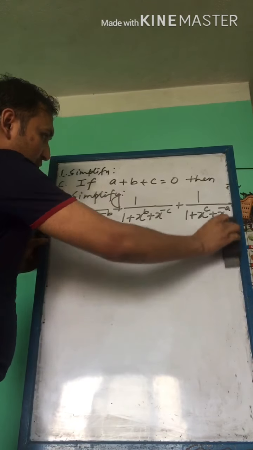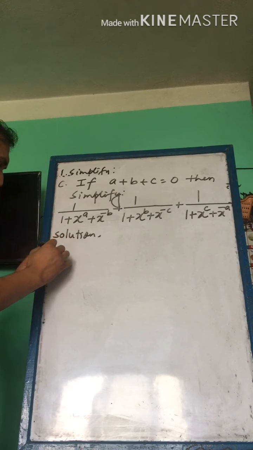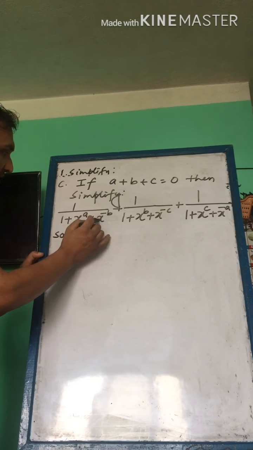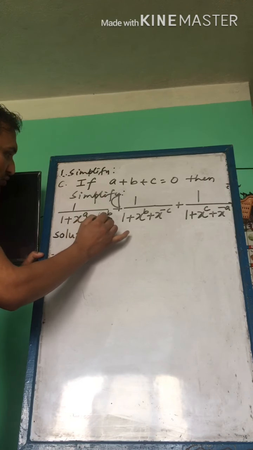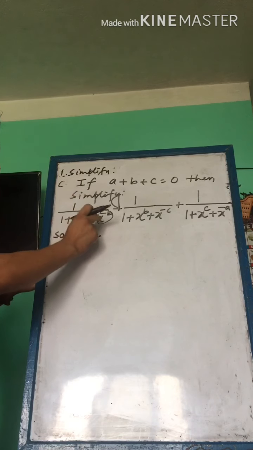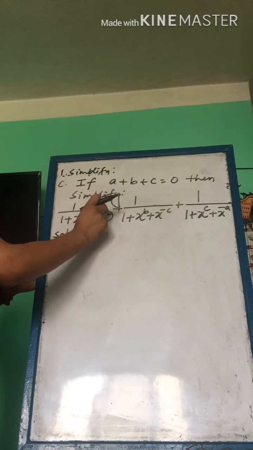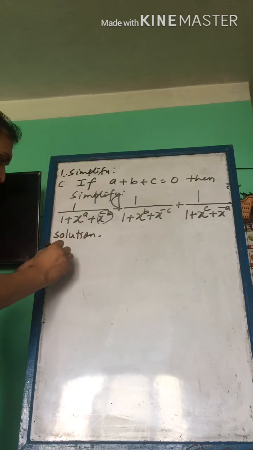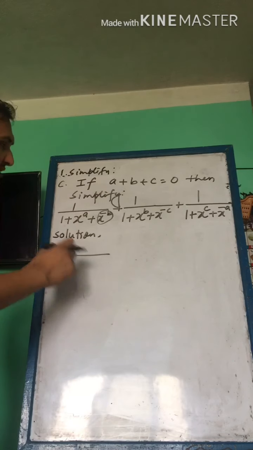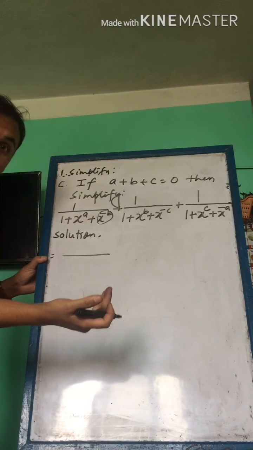Look at the negative part: x to the power minus b is there. If there is minus b, then we multiply the numerator and denominator by x to the power b, so that the denominators of the two fractions become the same.